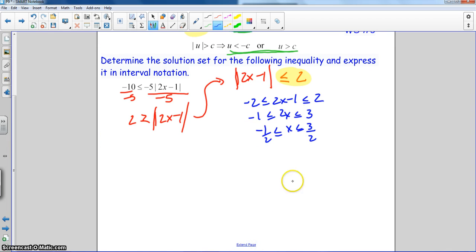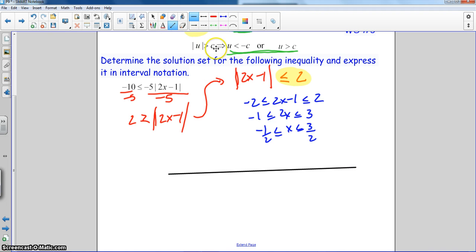Okay, so on a number line again, if the number line helps you, great. Don't feel compelled to do it. Okay, here's my number line. That's crooked, that's okay. Let's see, I have 0, and I have negative 1/2, and I get 3/2. That's supposed to be a 2. Okay, and I have closed dots, and x is between them, right?